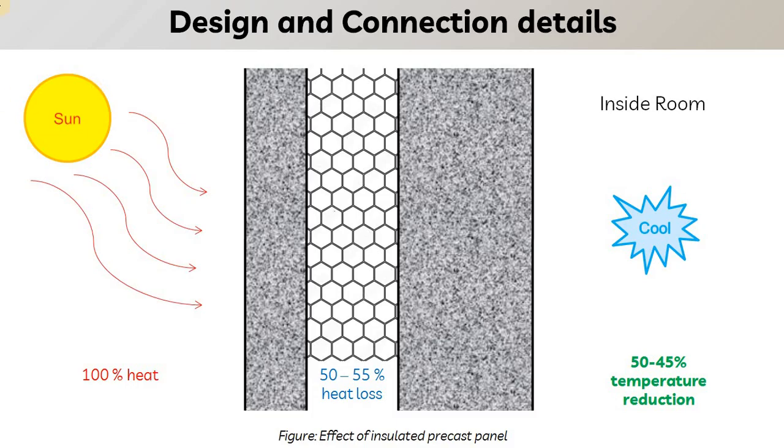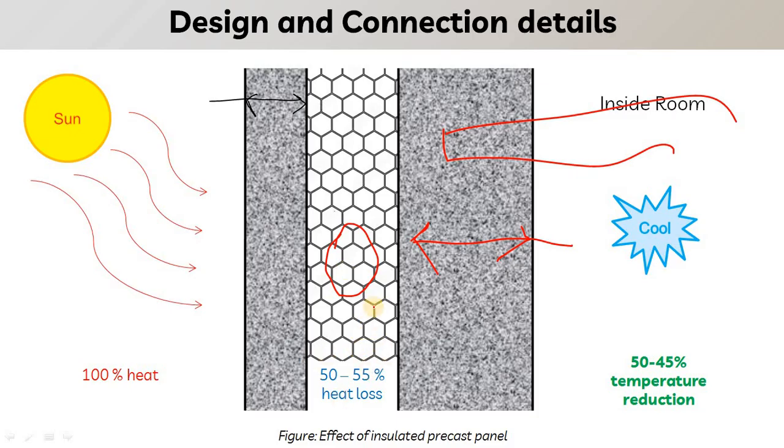Let us say this is my external layer of the concrete. In between we have the insulation material, and this is my internal side, or the bearing part of the wall panel, where the hollow core slab will rest.